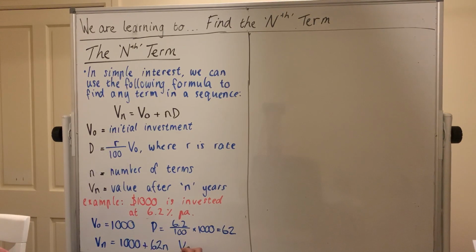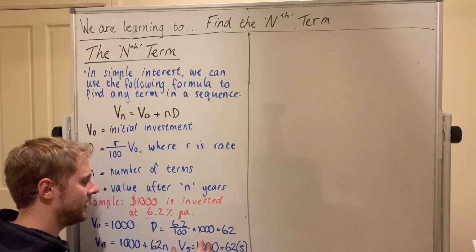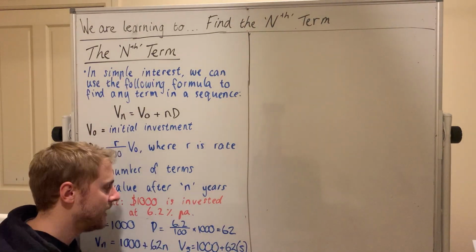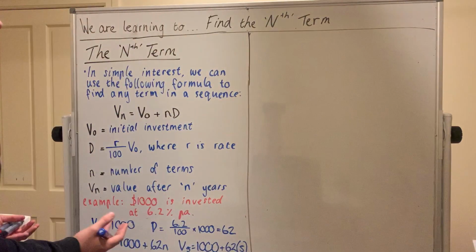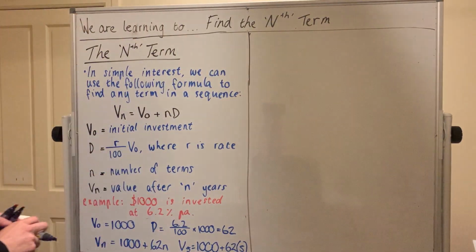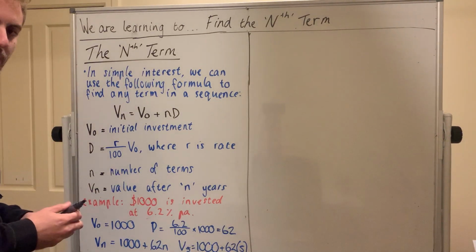I'd write it out like this, V5 equals 1,000 plus 62 times 5. I don't have a lot of room there, so I won't be able to finish it, but hopefully you get the idea that it's much simpler when you do it this way. You can just substitute in any term number that you want and calculate it without having to find all the previous terms. So it's much, much more efficient than the original way that we've been going over.